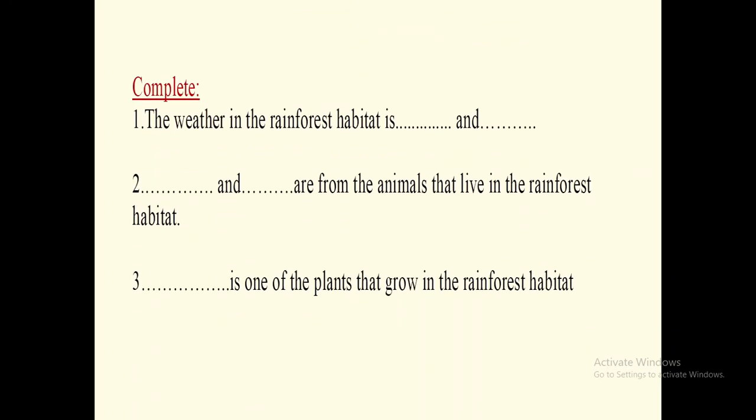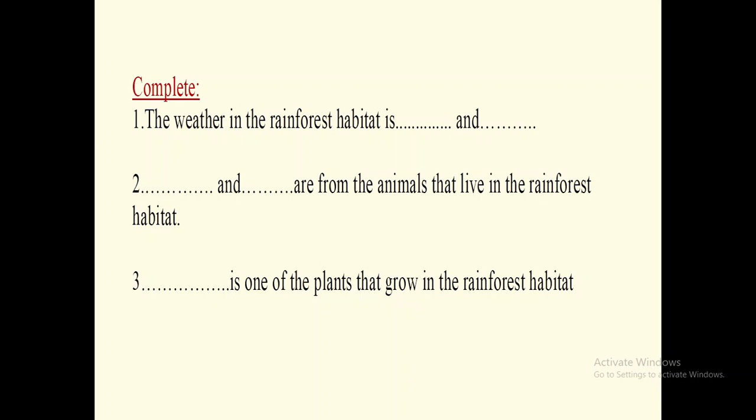Now let's answer these questions together. Number 1, the weather in the rainforest habitat is blank. Very good. Rainy and warm. Number 2, blank are animals that live in the rainforest habitat.